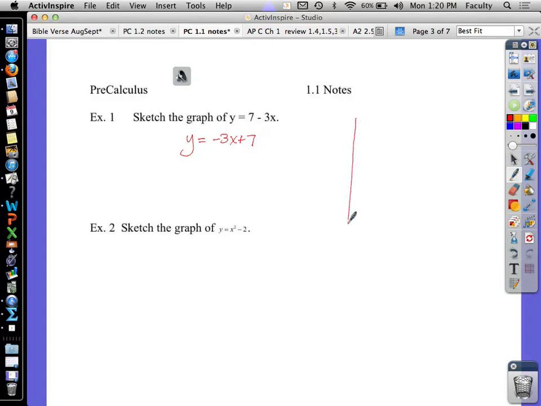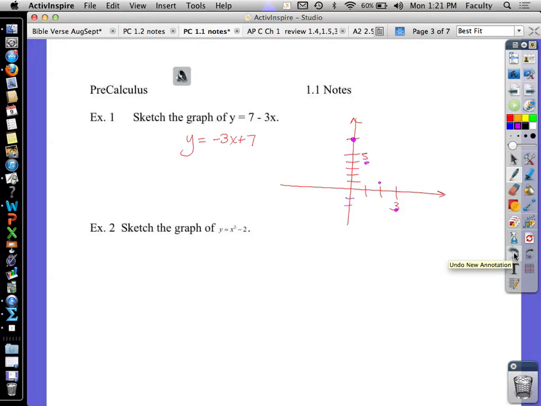So when I sketch this, I'm going to plot the y-intercept at 7, and then I'm going to go down 3, right 1, down 3, right 1, down 3, right 1. And we know that's a line, maybe.